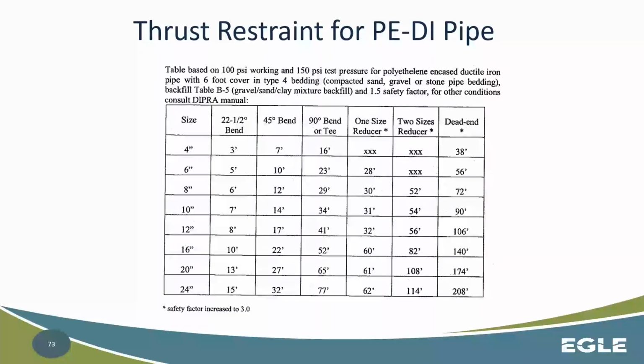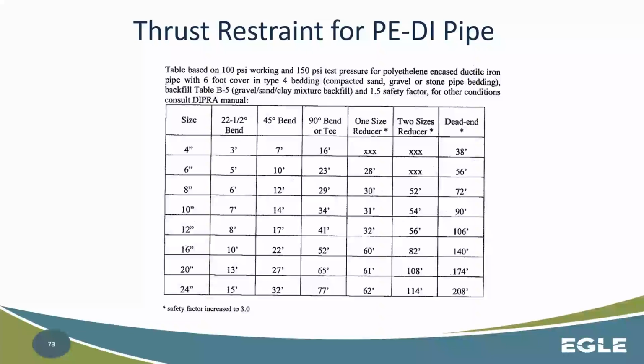Okay, so this is an example of DIPRA, the Ductile Iron Pipe Research Association. This is out of one of their manuals. This is just a quick guide on what you expect on the size and things like that under certain conditions. Now, DIPRA has a bunch of tables in their manuals.